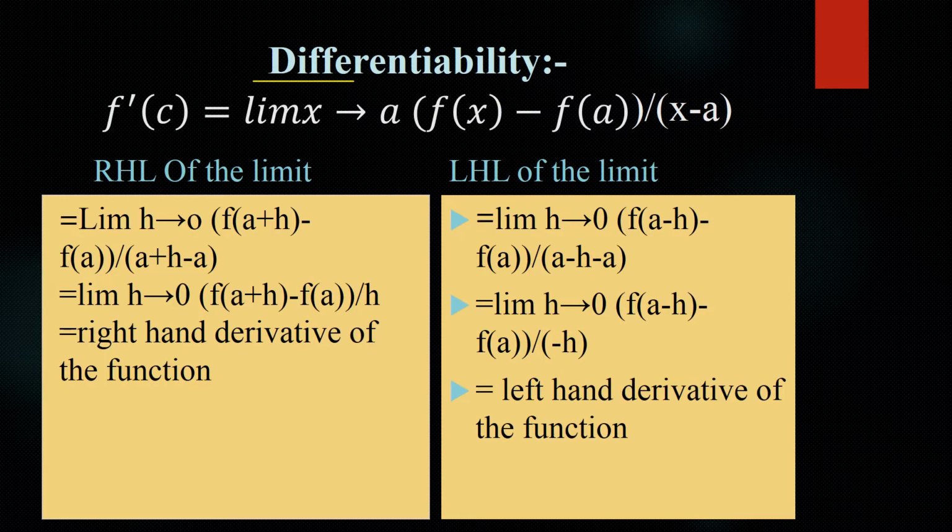Differentiability. Here f dash c is equal to limit x tends to a of f x minus f a upon x minus a. So you're thinking why we consider this? Now just try to understand one thing.